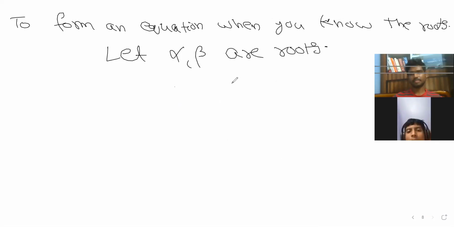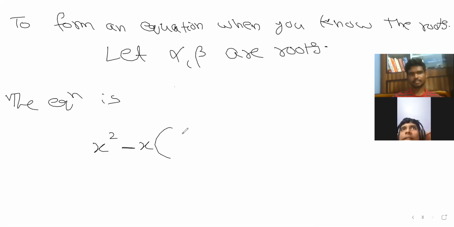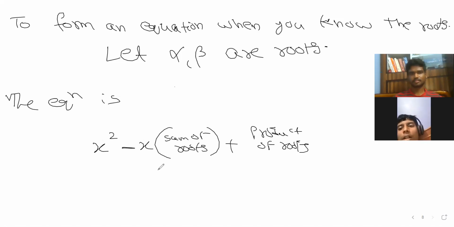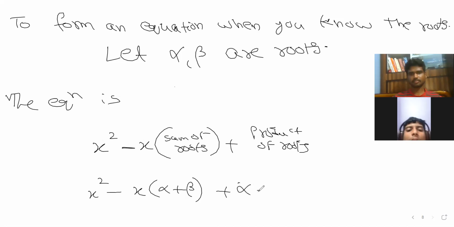So if alpha, beta are the roots, directly you can tell the equation is x square minus x into the sum of the roots, alpha plus beta, plus the product of the roots. That means x square minus x into (alpha plus beta) plus alpha beta.